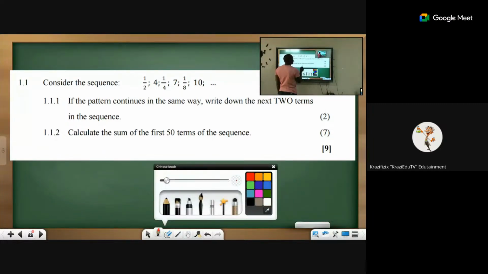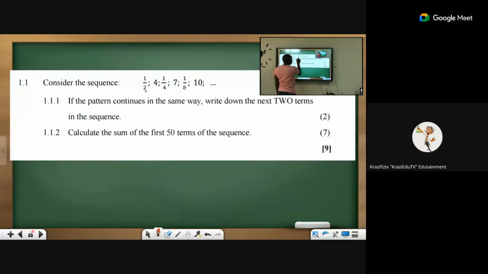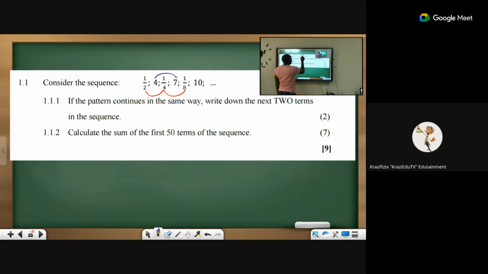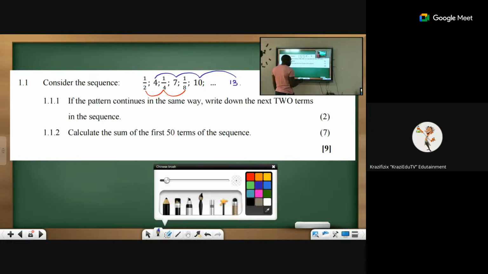If I look at this, I'm seeing if I multiply this by half, I'll get that. But if you look at the 4, if I add 3, I'll get 7. If I add 3, I'll get 10. Oh, so I should add 3 again, and that will give me 13. But this one, 1/2 times 1/2, that's geometric. 1/4. 1/4 times 1/2, 1/8.